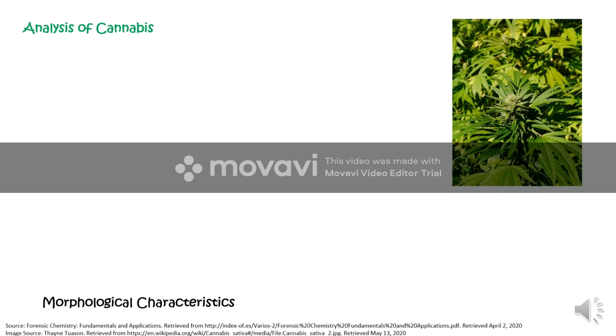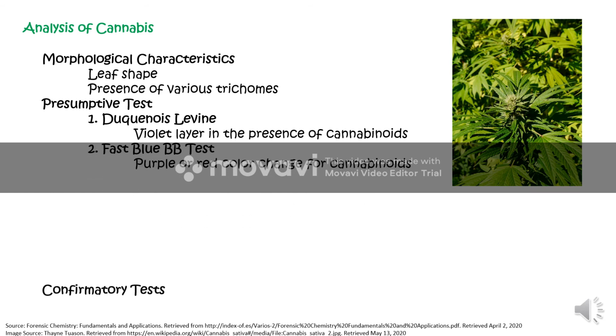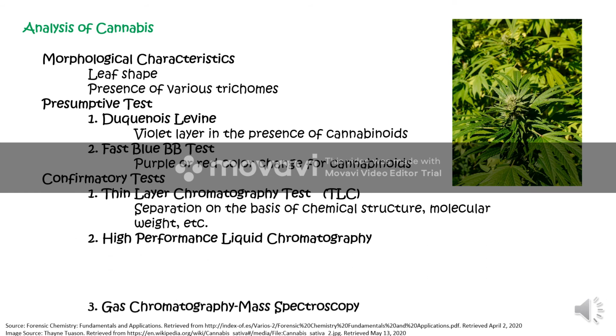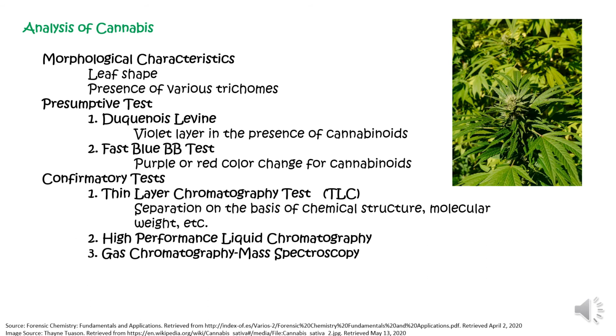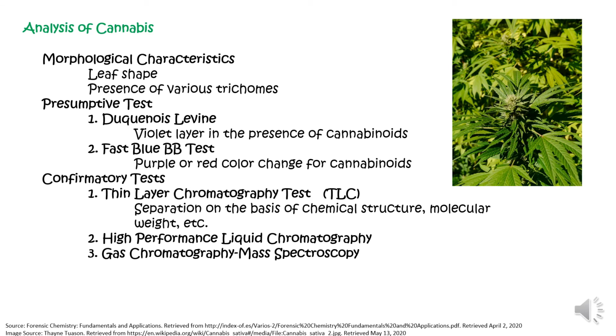Okay, so for the analysis, cannabis is presented to the laboratories in plant form. So the morphological characteristics of the plant are used to provide an identification of the material, leaf shape, and in particular the presence of the various trichomes of the plants or characteristics of Cannabis sativa.